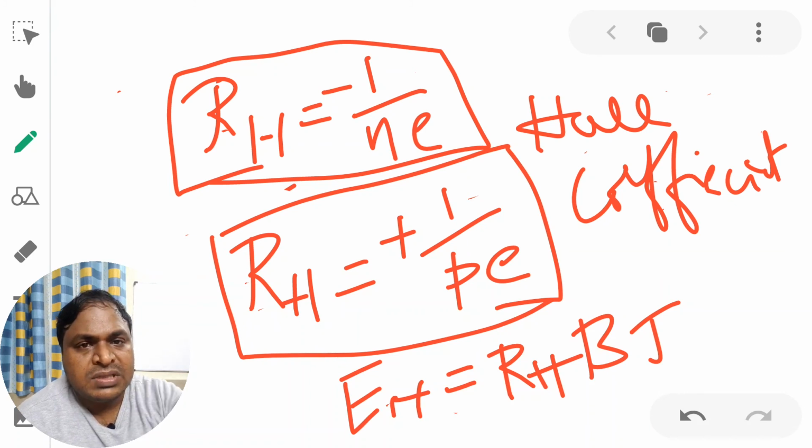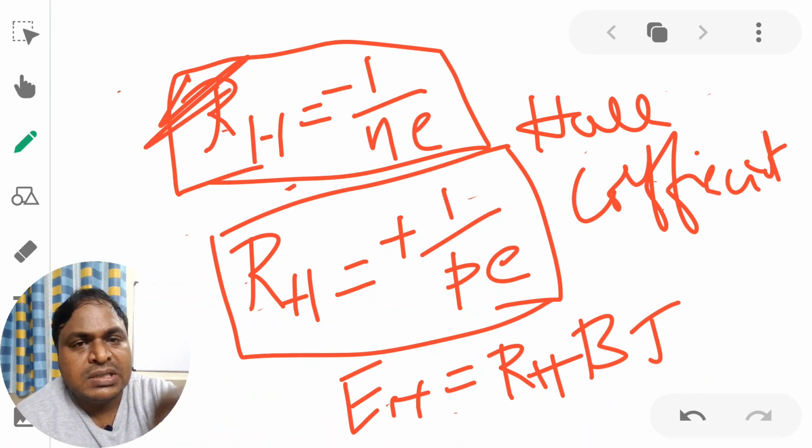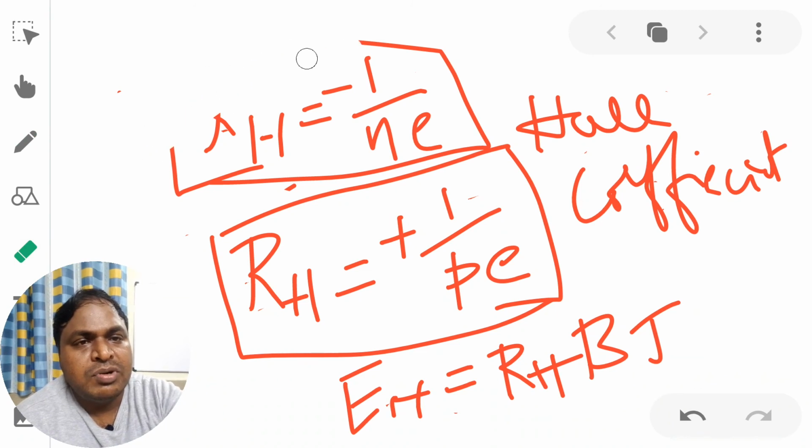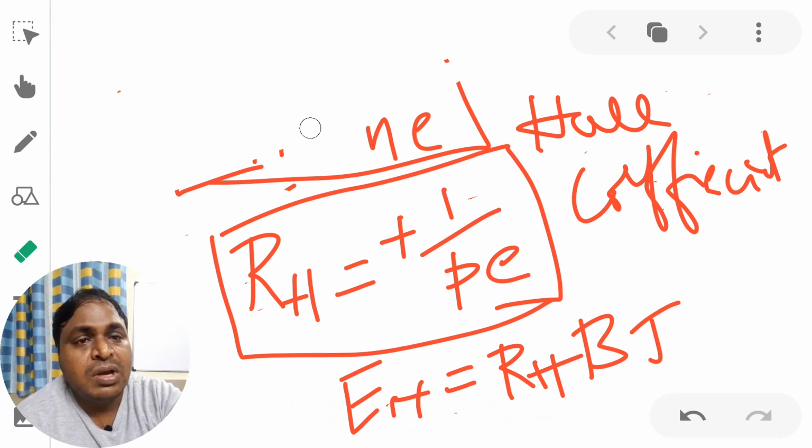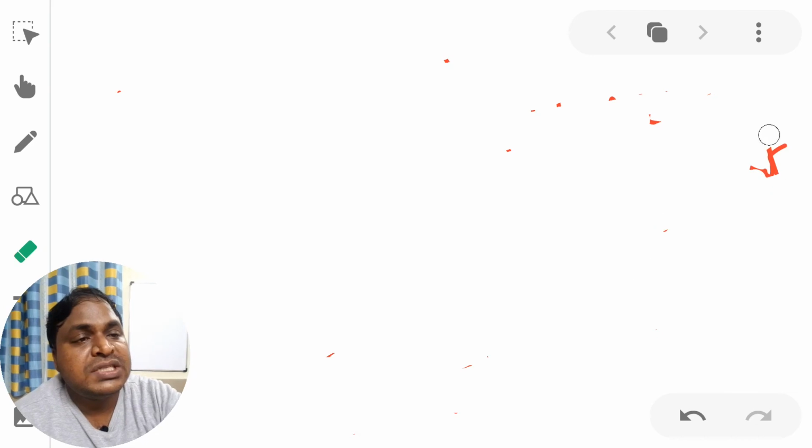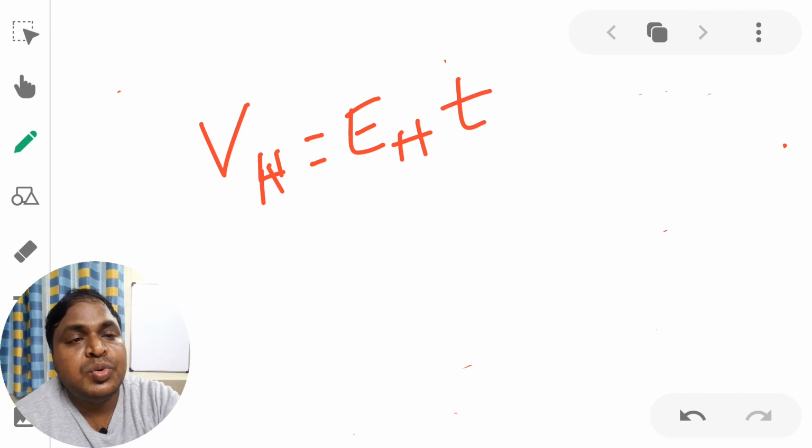Okay, now let's find out what is the Hall voltage. Voltage is equal to electric field into t.